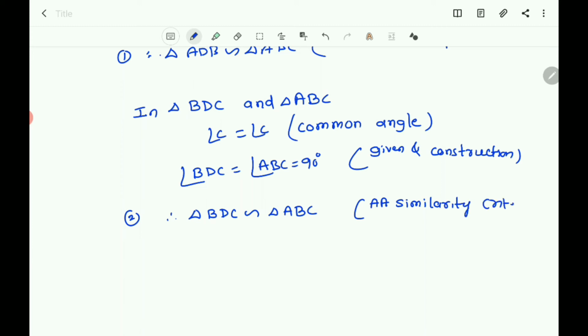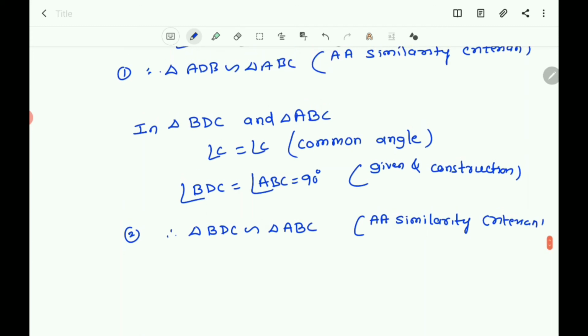You know that triangle ADB is similar to triangle ABC, and BDC is also similar to triangle ABC. Naturally, all the three triangles must be similar here.